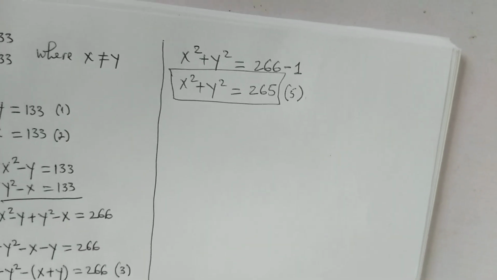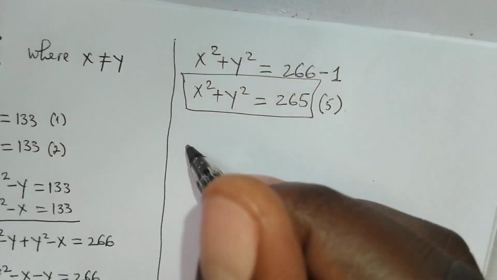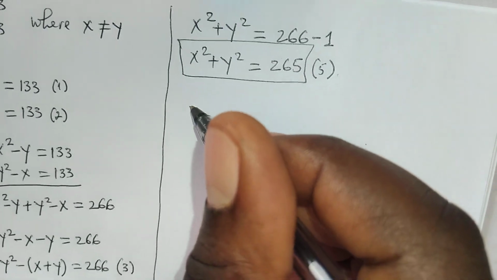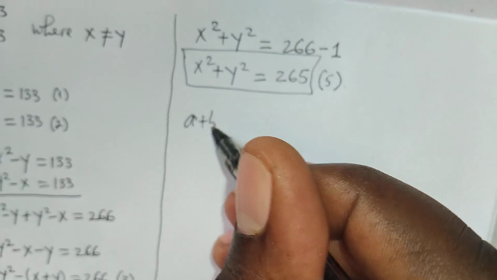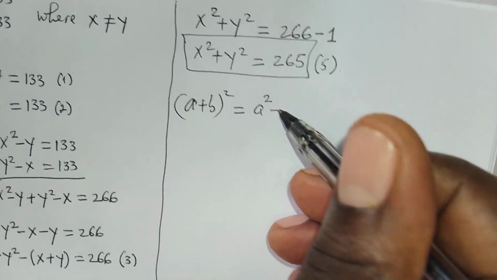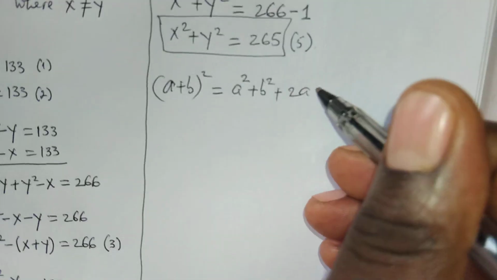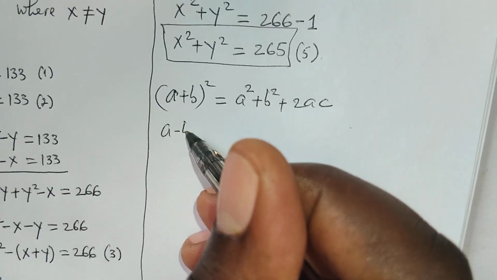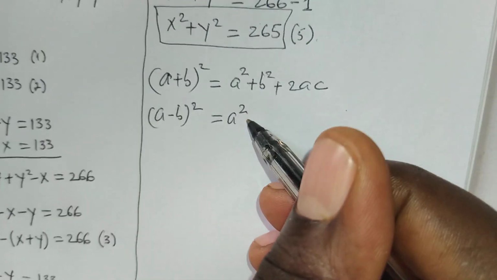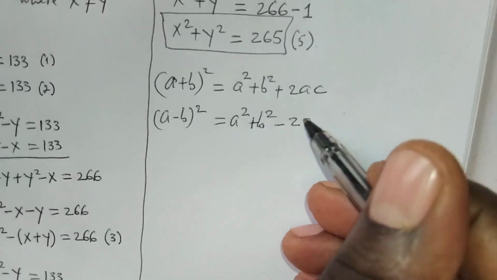So from the fundamental algebraic formula, which says that a plus b square is equal to a square plus b square plus 2ab, and a minus b square is equal to a square plus b square minus 2ab.